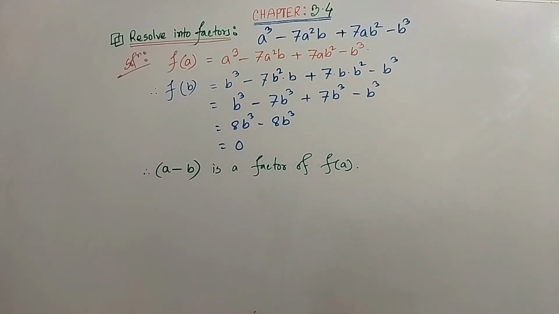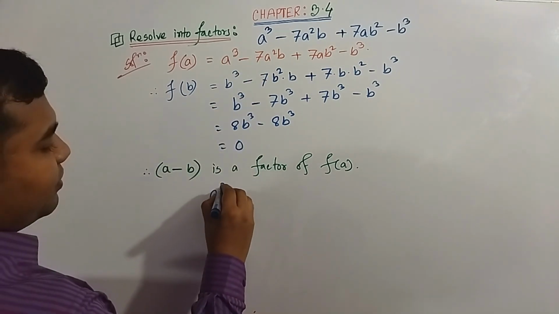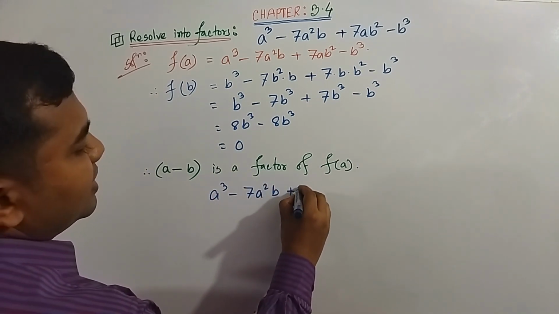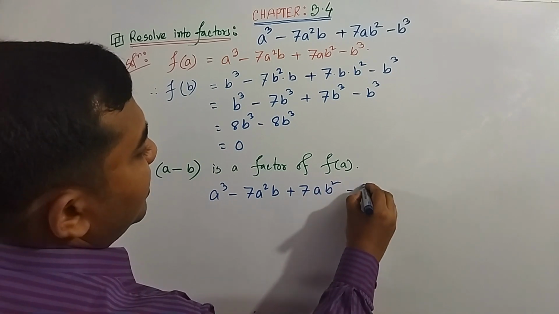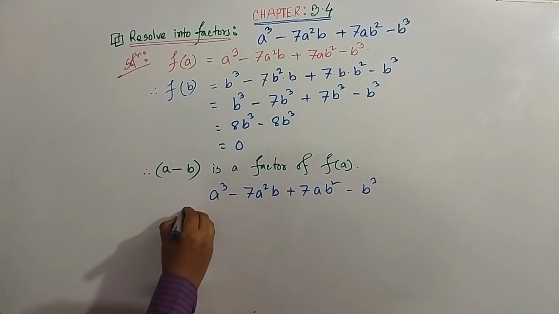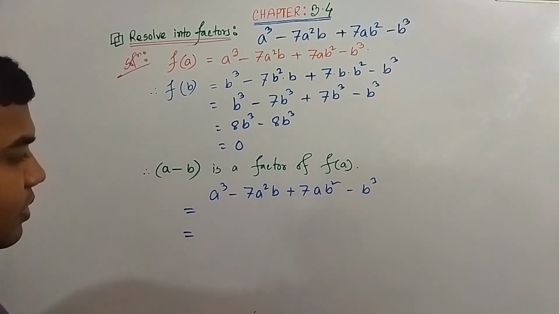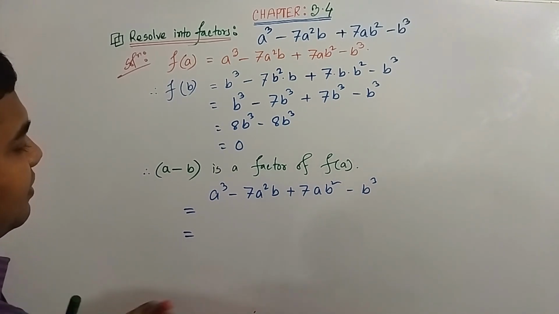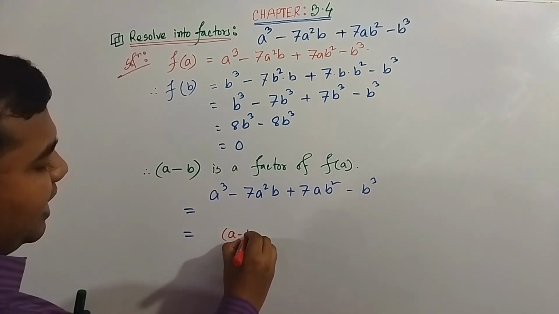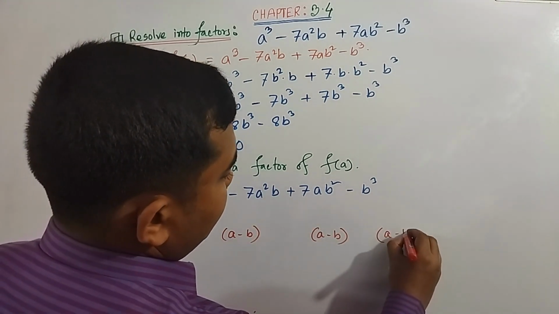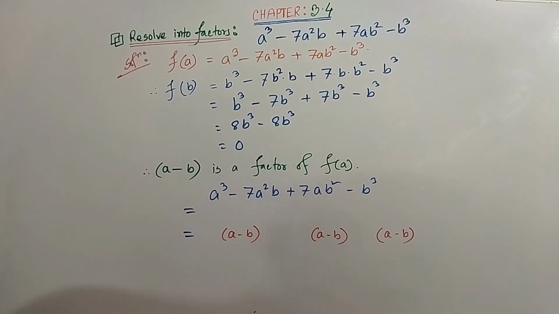If it is like this, then what can you write? We can write our first, that is a cube minus 7a square b plus 7ab square minus b cube. We need to factorize. So going for sec 2 equal, then write down the factor at least 3 times, then match with the first part.